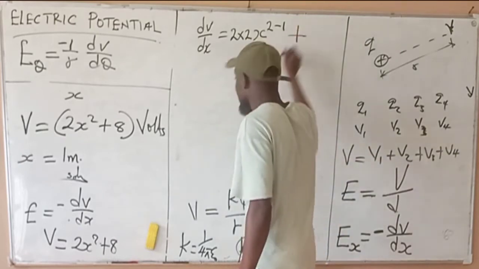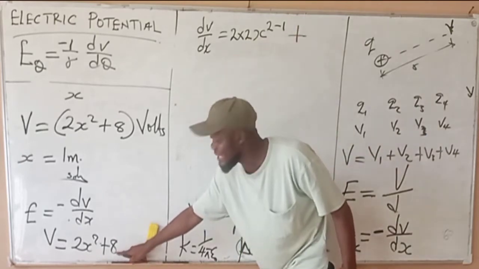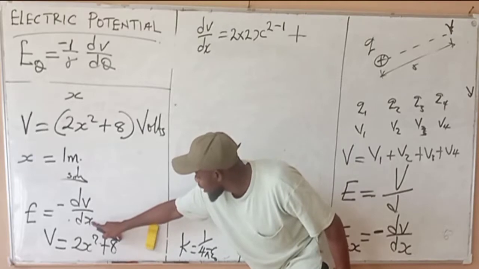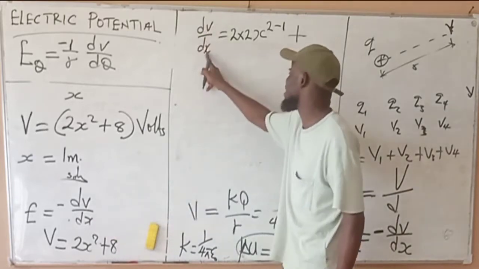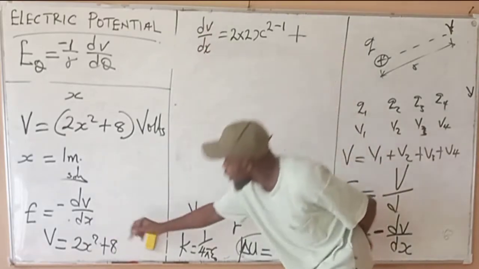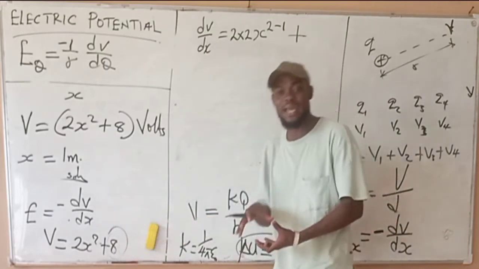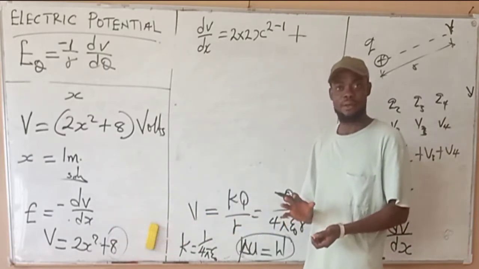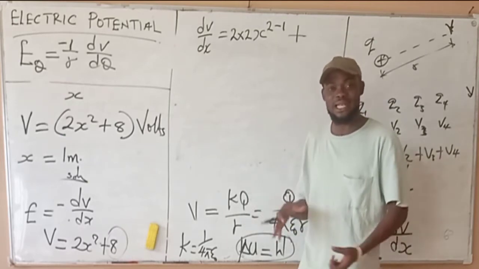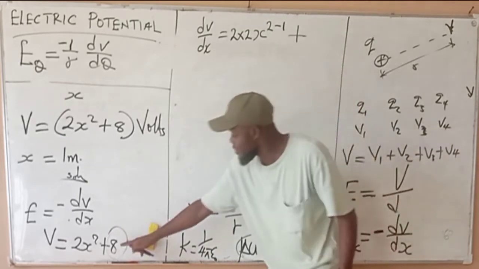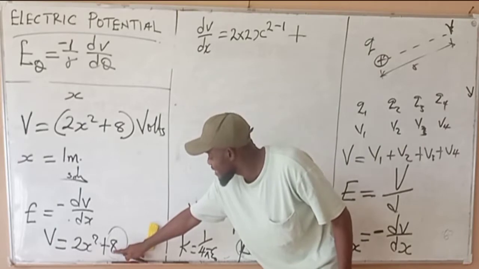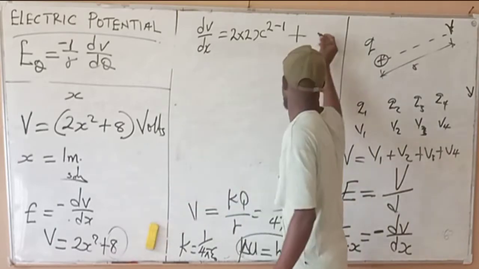Then plus, now this other one. The 8 has no x attached to it, so its derivative is 0. Differentiate anything that doesn't have what you are differentiating with respect to, and the answer will be 0.